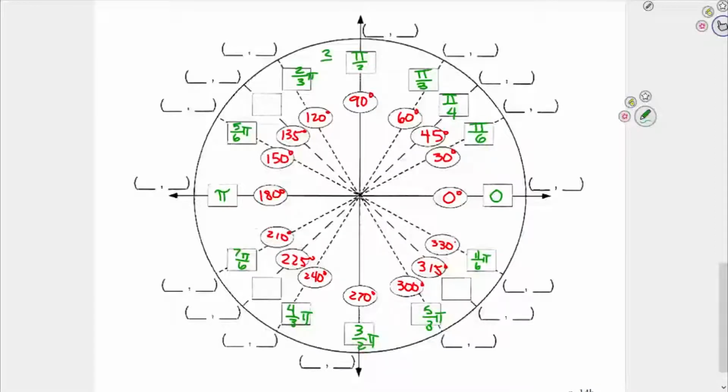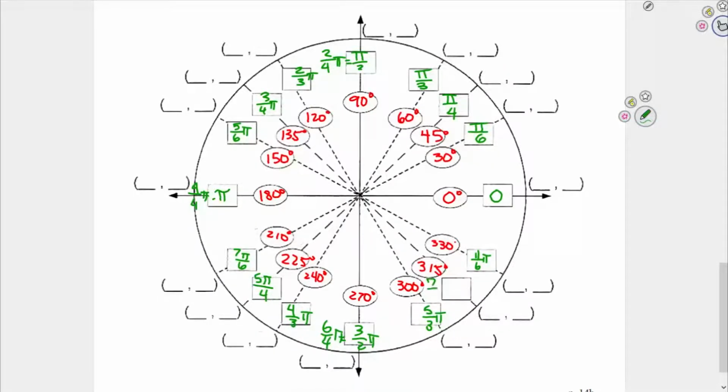This one is 2/4 pi, which simplifies to 1/2, which we already have. I have 3/4 pi, which can't be simplified. I have 4/4 pi, which is pi. I have 5/4 pi, which can't be simplified. I have 6/4 pi, which is 3 halves pi.